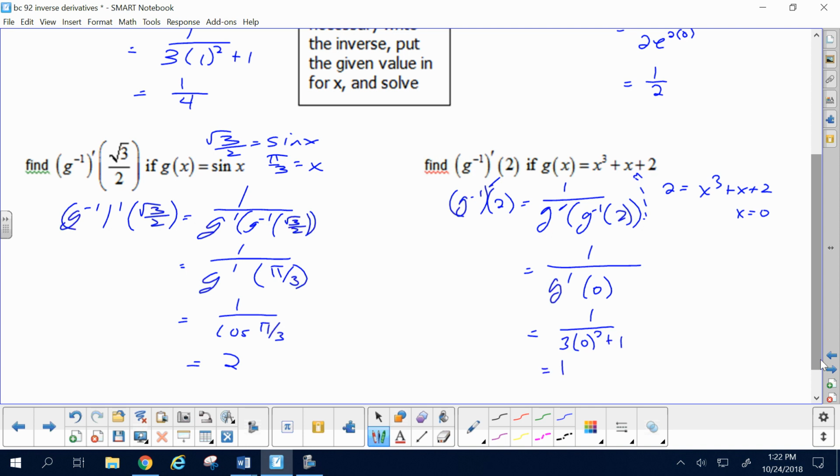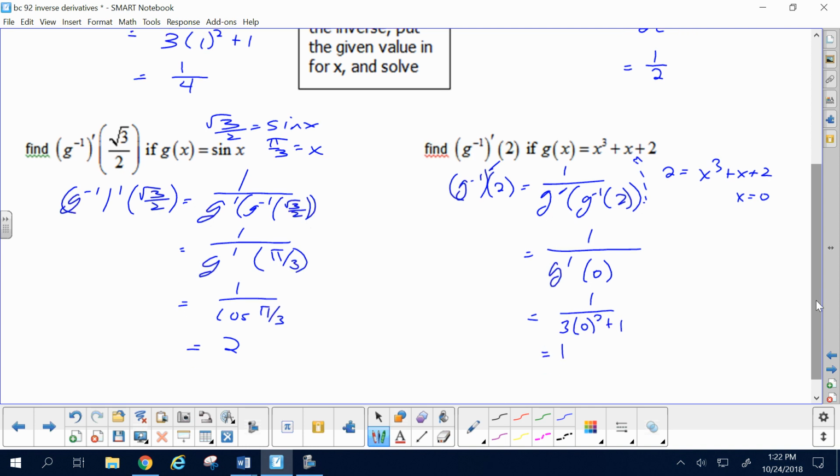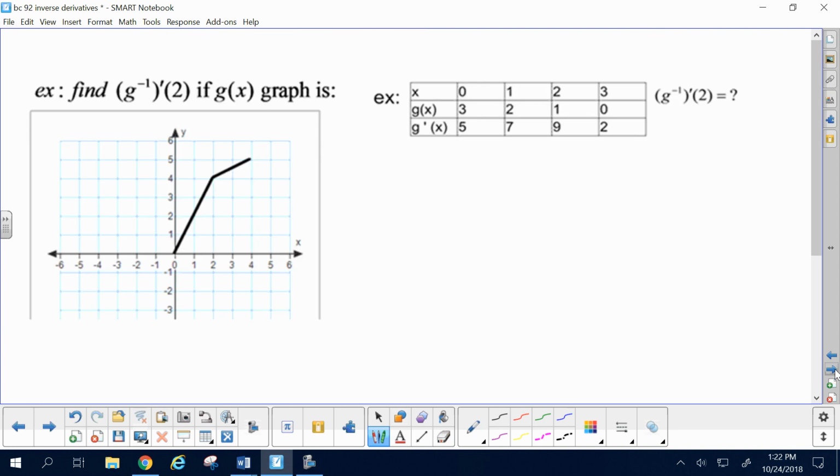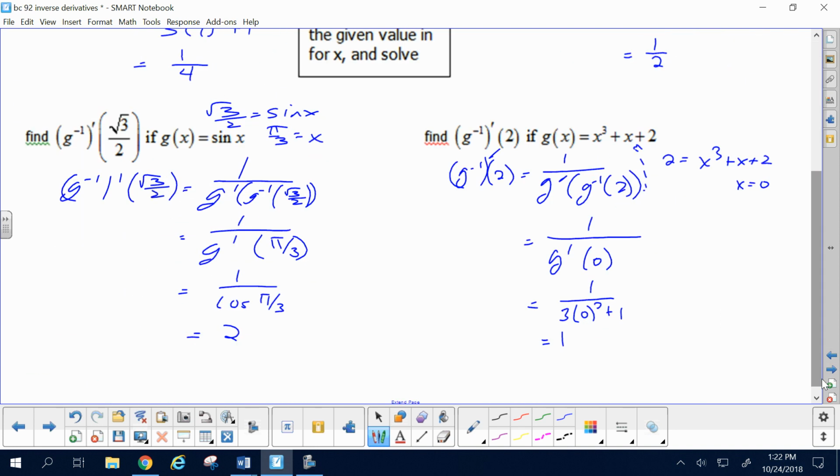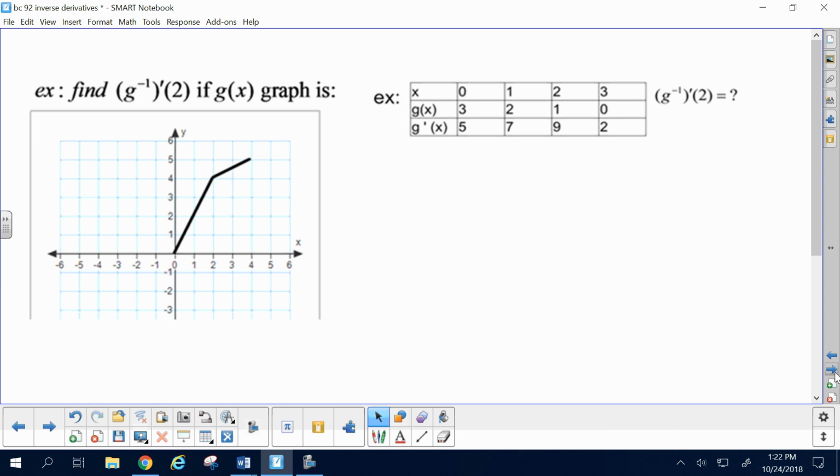You get a 1. Okay. Is this going okay? No? Okay. Try it, instead of analytically, graphically, numerically, so that we will be good to go.